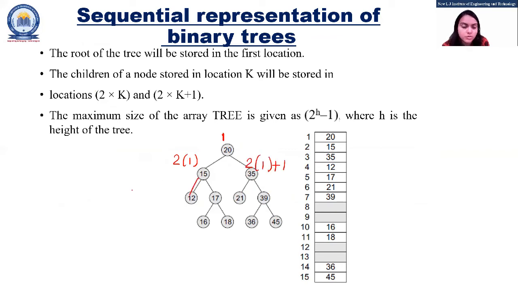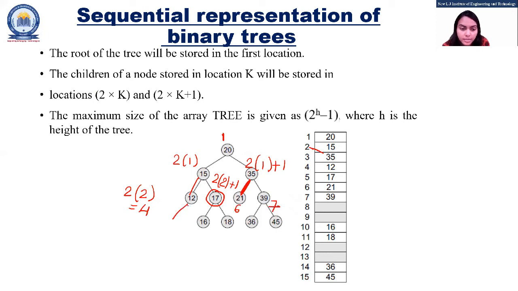Now this would be stored at 2 into which location? 15 is stored at the second location, so 2 into 2, which is the fourth location, and this will be stored at 2 into 2 plus 1. So the fourth and fifth locations. This is at the third location, so 2 into 3, the sixth location. This would be at 7.